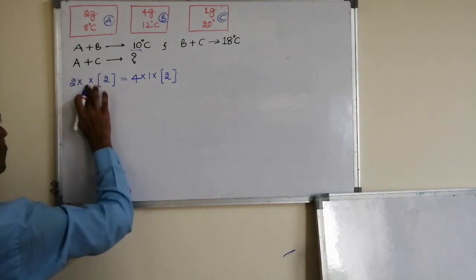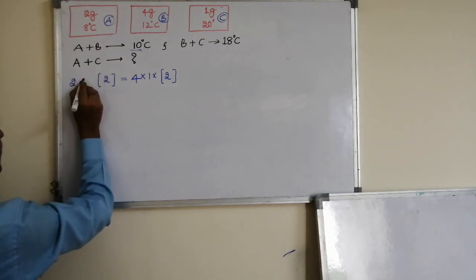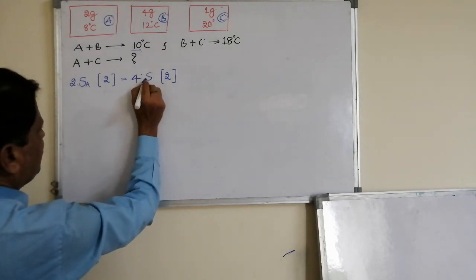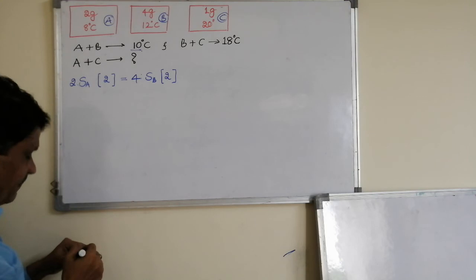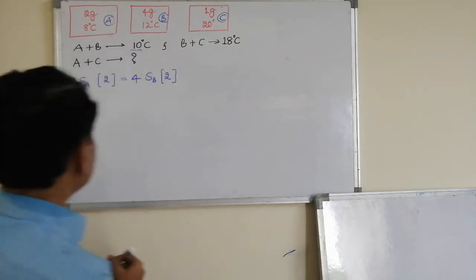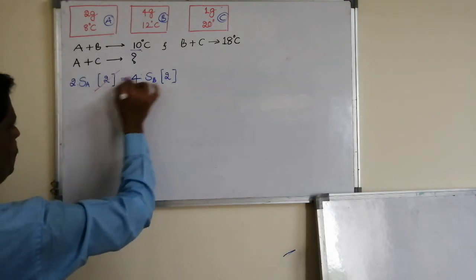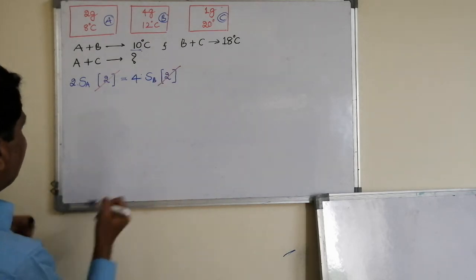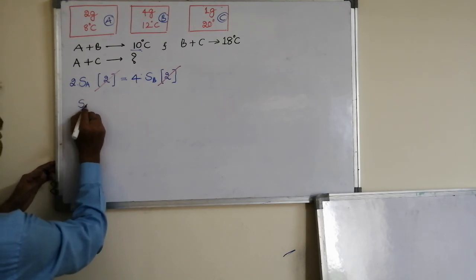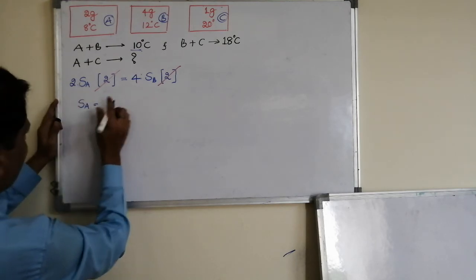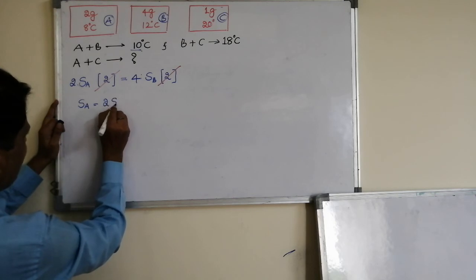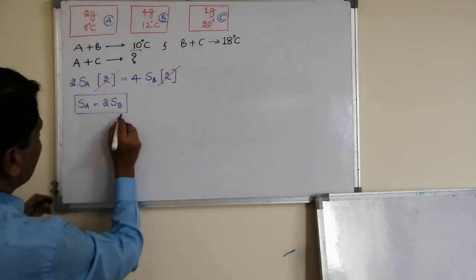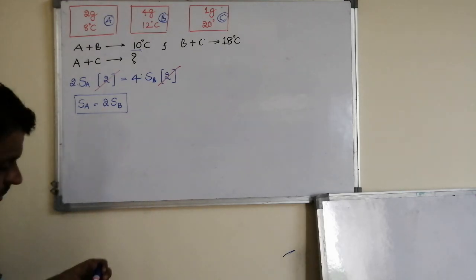Sorry, here I should write it as the specific heat of A and the specific heat of B. Okay, fine. Then this 2 and this 2 get cancelled. Then directly I can write the specific heat of A is equal to 2 into the specific heat of B, when A and B are mixed.